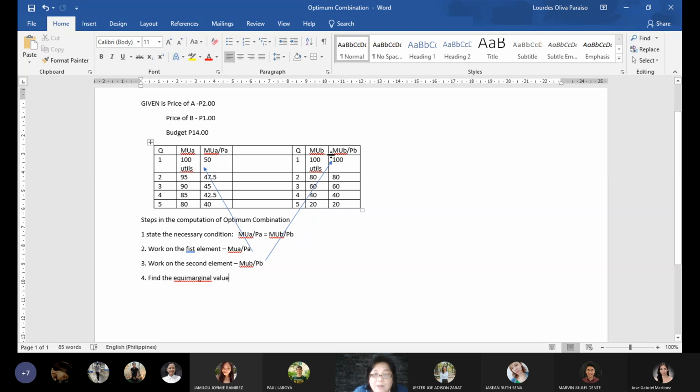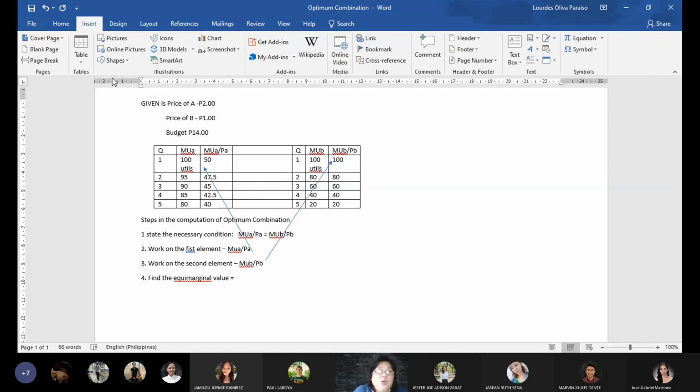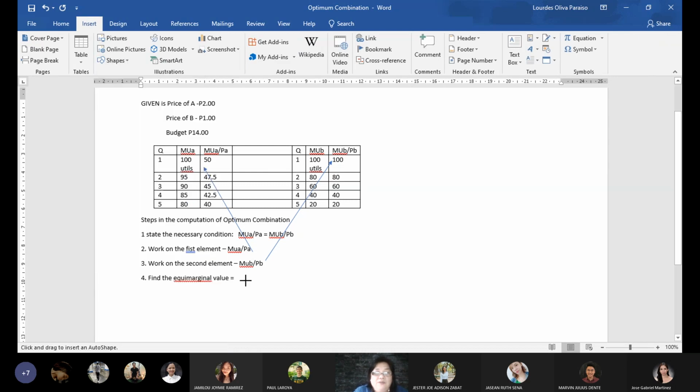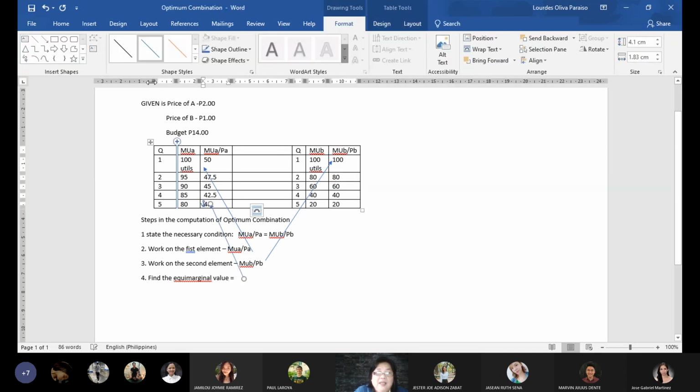And then 40, do you have a common satisfaction level in here? Is there any? Your equimarginal value now is equals to 40.